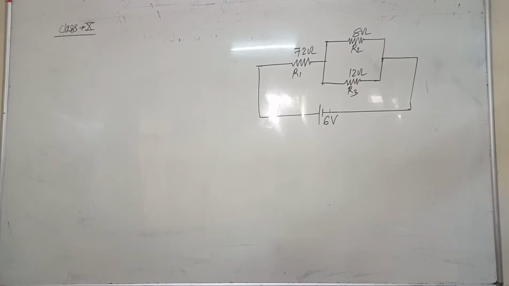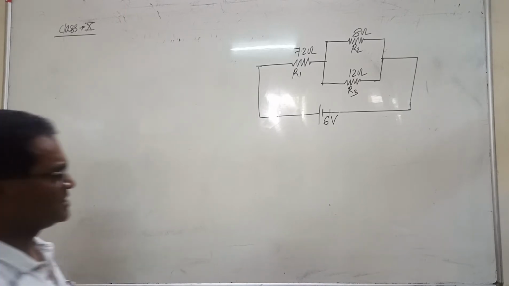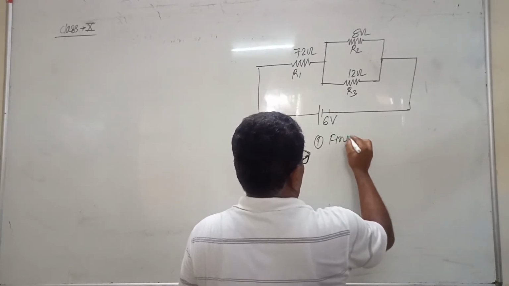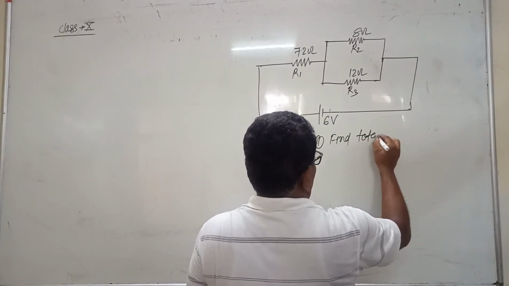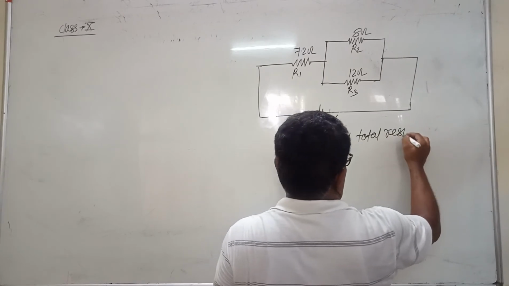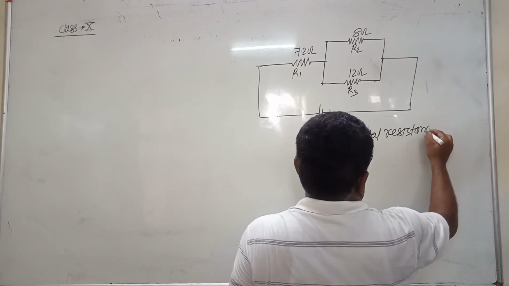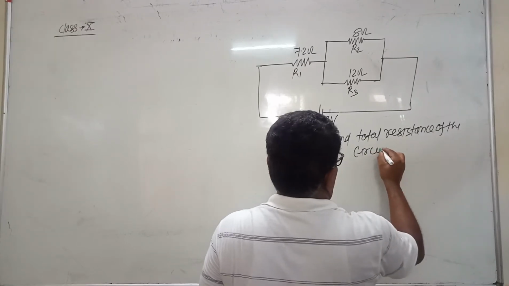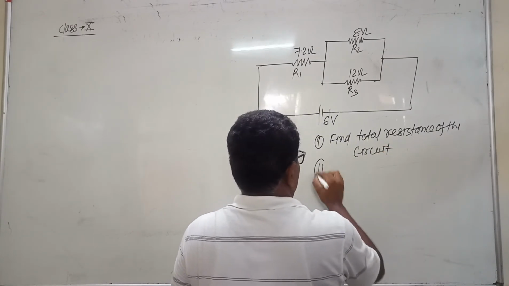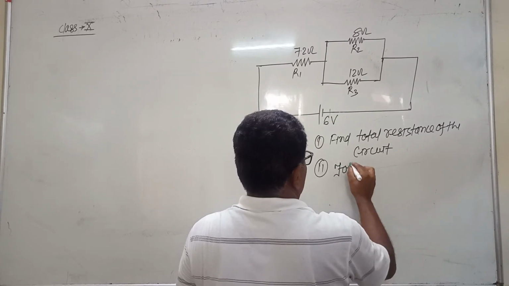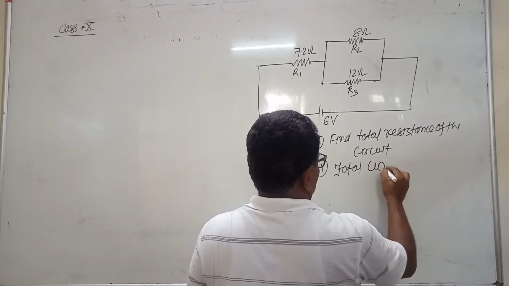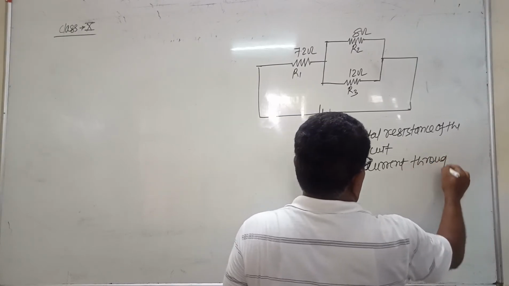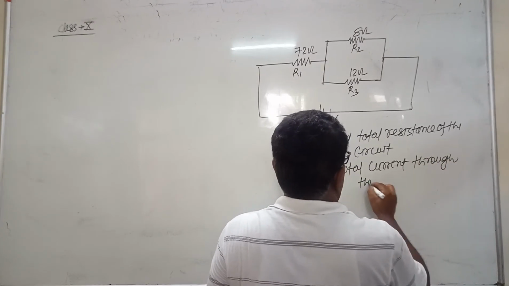So we have to find the total resistance of the circuit. Second, the total current through the circuit.